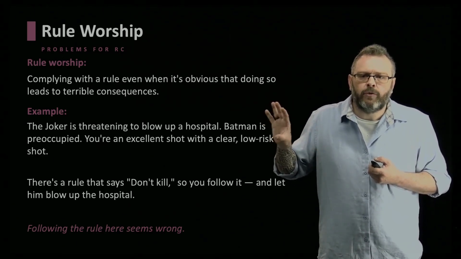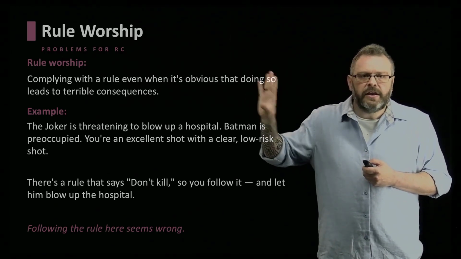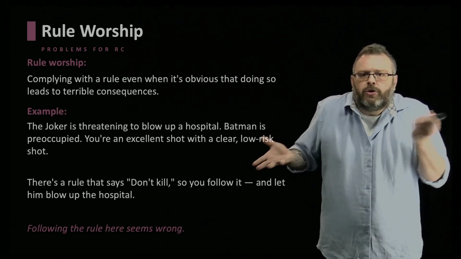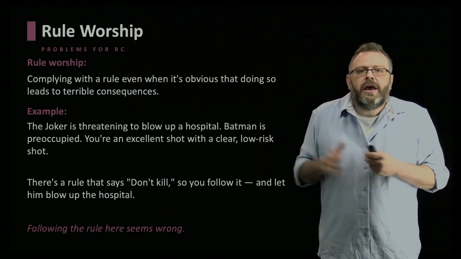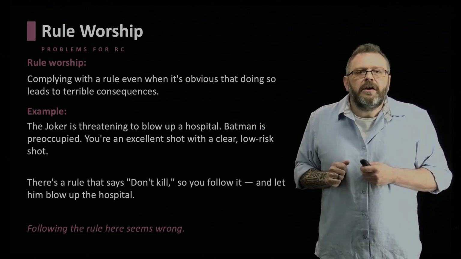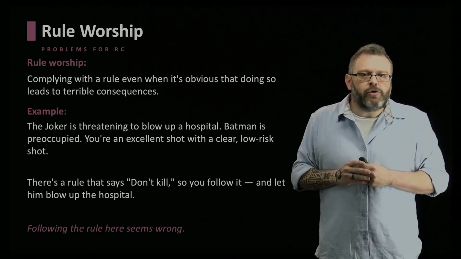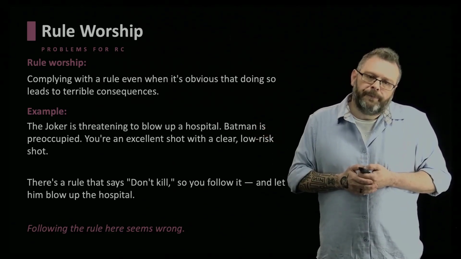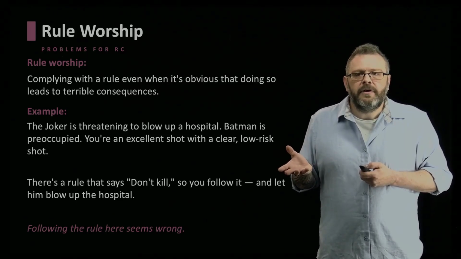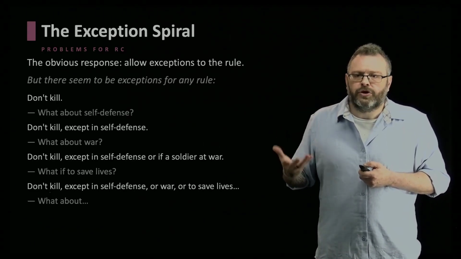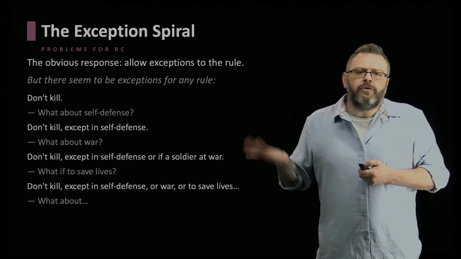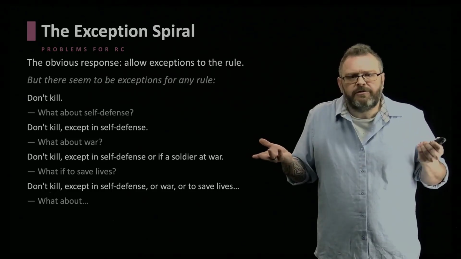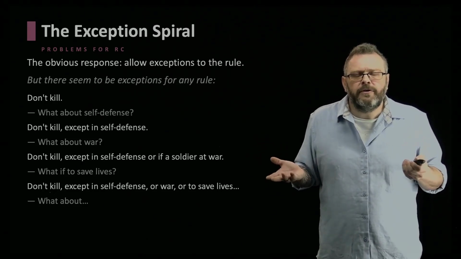Let's say we have a rule that says don't kill. And again, that seems like a very good rule to have. Okay, well, what if the Joker is threatening to blow up a hospital and Batman is off doing something else? You've got a clear shot at the Joker. You can finally end this thing, but no, we've got a rule that says don't kill. Well, that seems a little bit silly, right? This idea of rule worship. So why don't we then add an exception to the rule? This seems to be kind of an obvious move here.